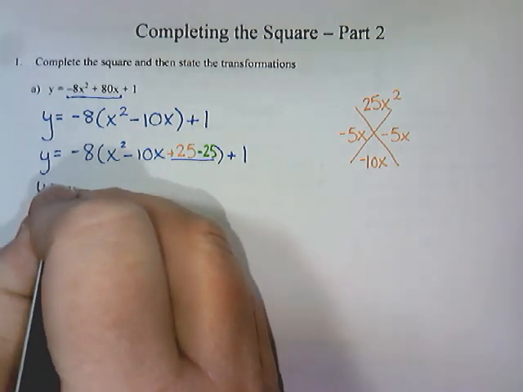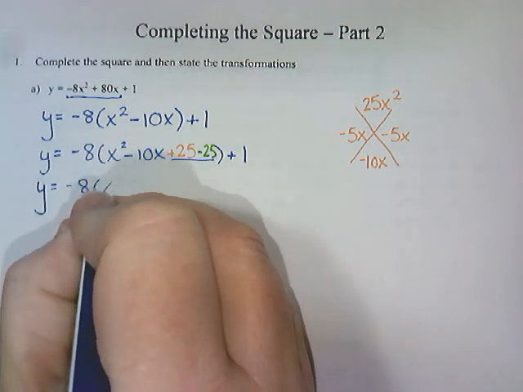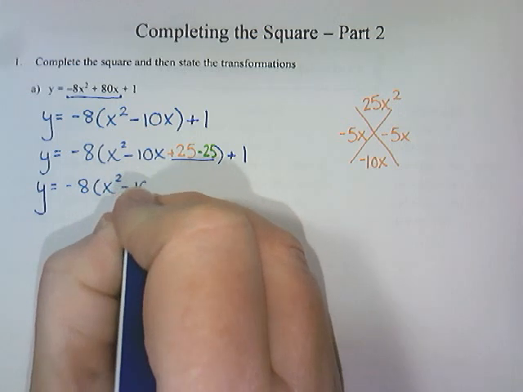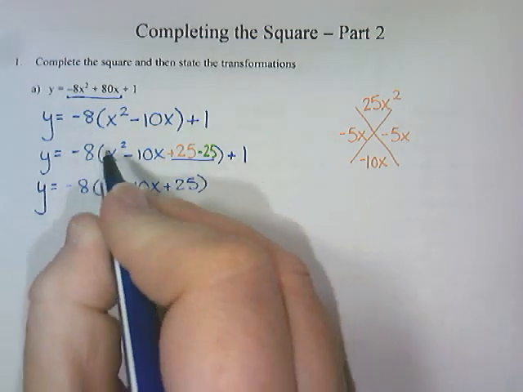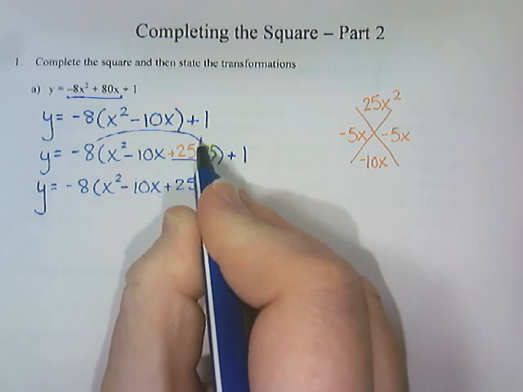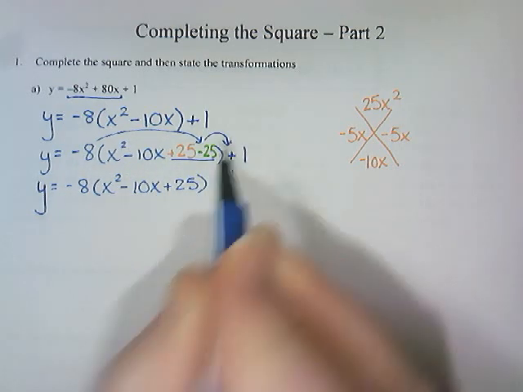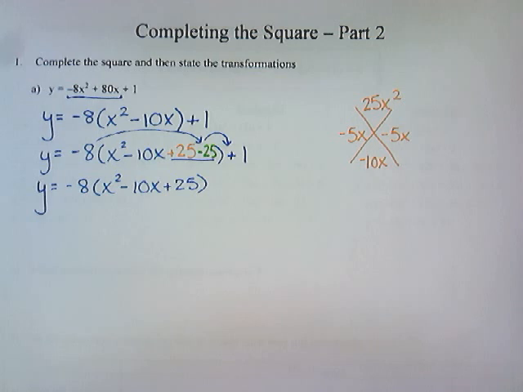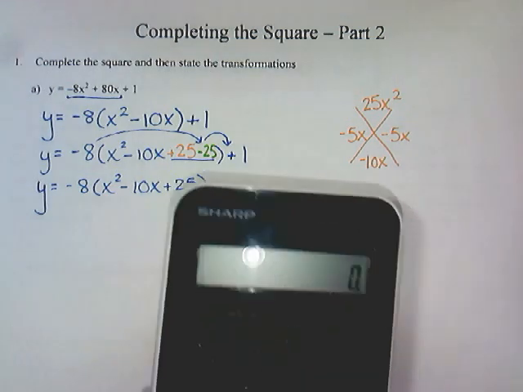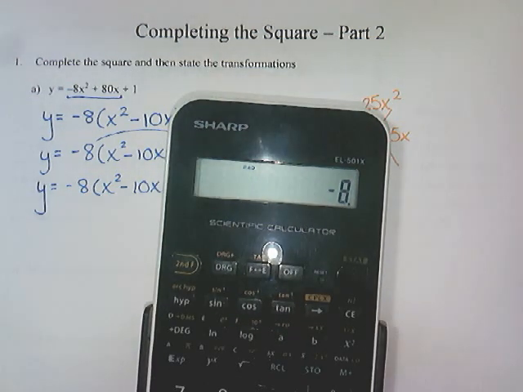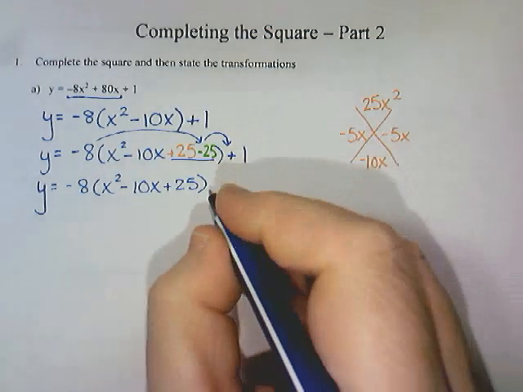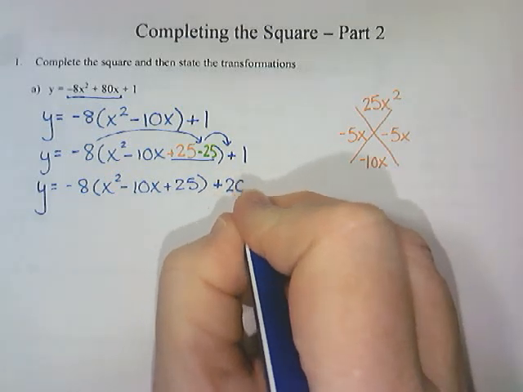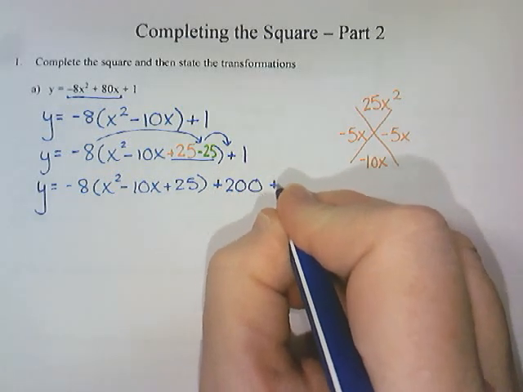So I'm going to say this is negative 8 times x squared minus 10x plus 25. And then I'm going to multiply negative 25 by negative 8 so that it doesn't need to be in the bracket anymore. So I'm going to do negative 8 times negative 25, and I get positive 200. And I still have the plus 1.